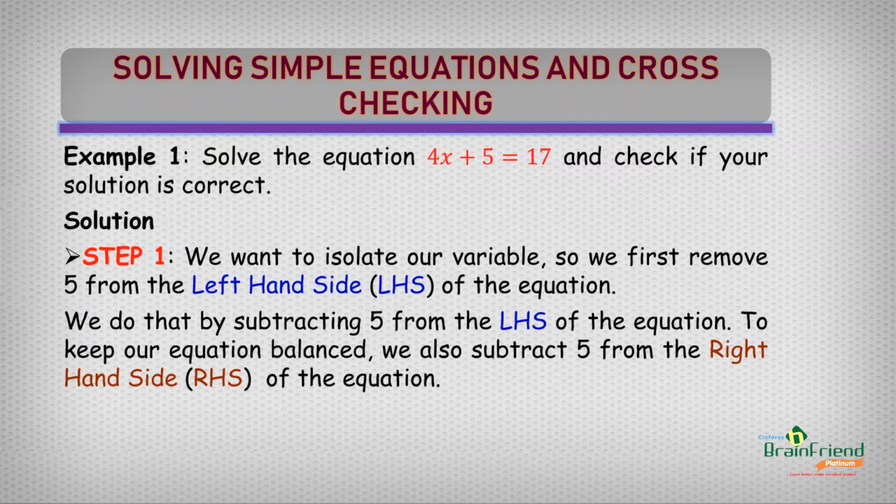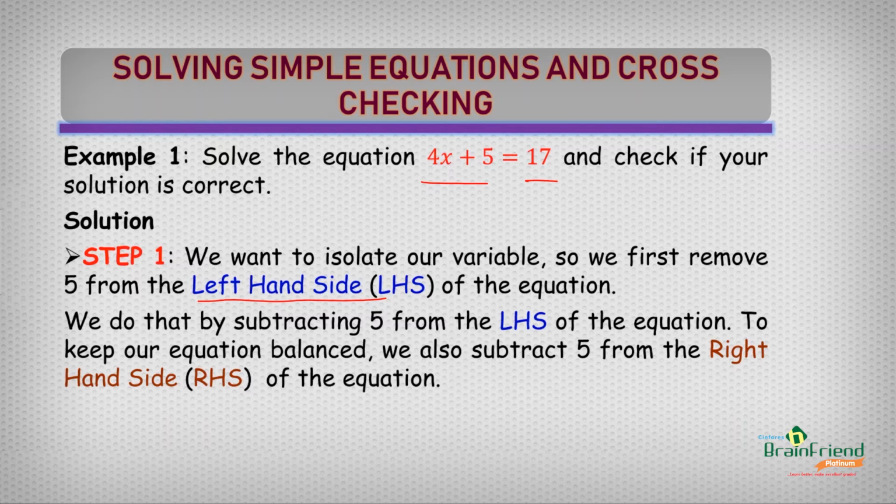Example 1. Solve the equation 4x plus 5 is equal to 17 and check if your solution is correct. Now, step 1. We want to isolate our variable, so we first remove 5 from the left-hand side of the equation. Now, we remove 5 by subtracting 5 from the left-hand side of the equation.